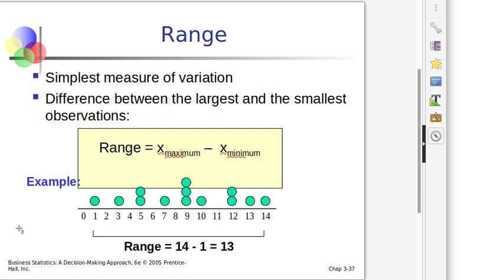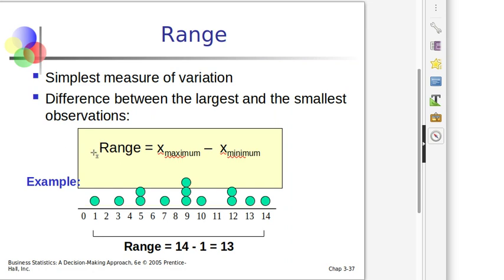The range is the simplest measure of variation. The difference between the largest and the smallest observation is the range.